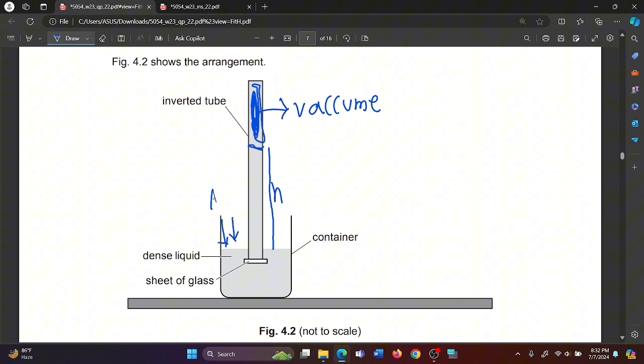These are ATM pressure. The ATM pressure is acting downwards at the surface of the liquid, which is also pushing the liquid inside the tube. But there is no pressure due to this vacuum at the top of the tube. So due to this atmospheric pressure, we can see a height of the liquid.